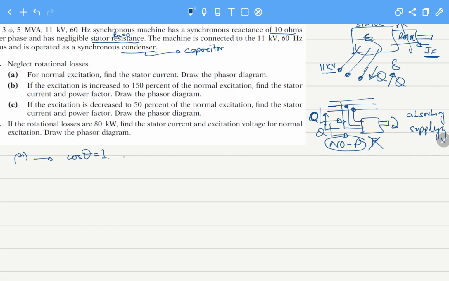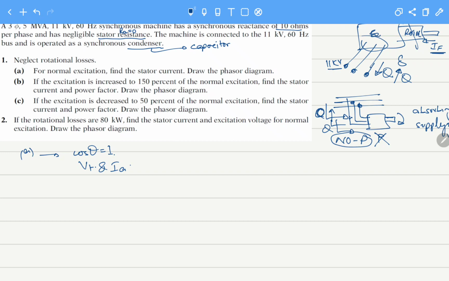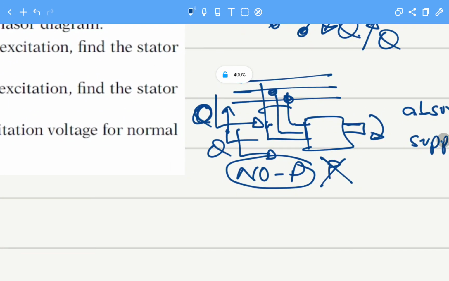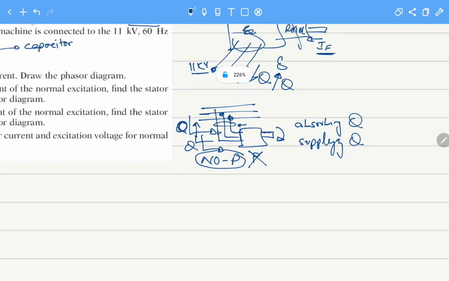That means the angle between terminal voltage Vt and the armature current Ia is 0 degrees. This is the normal case. Now the stator current is actually the line current, the current that is going out from the stator.